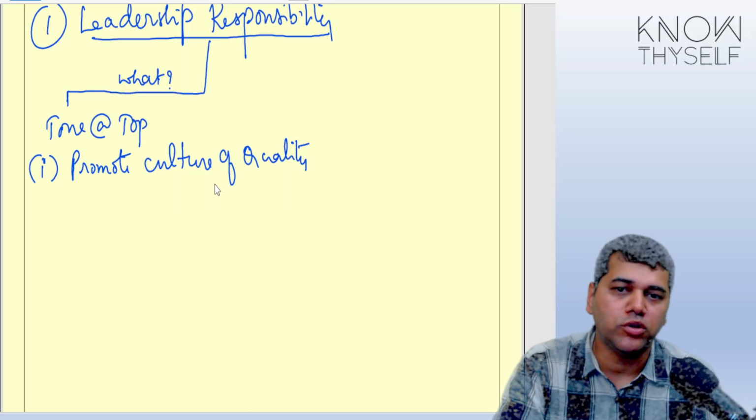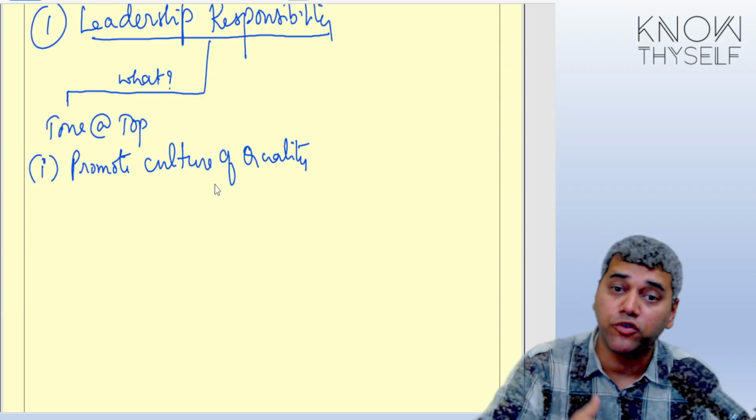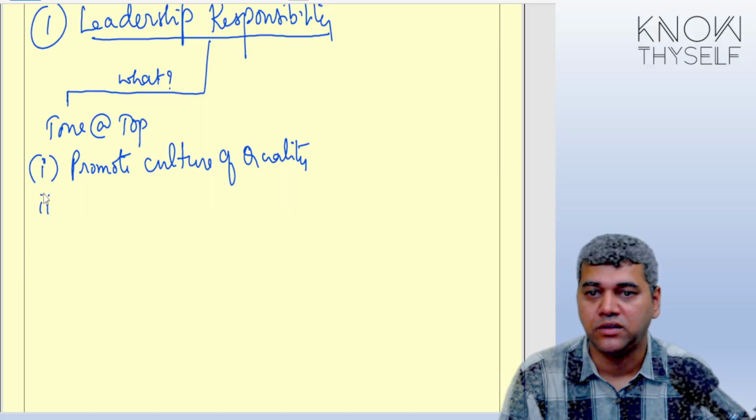So you need to promote an internal culture that quality is essential. That means you have to make it part of your belief structure, that quality is very important in this organization.